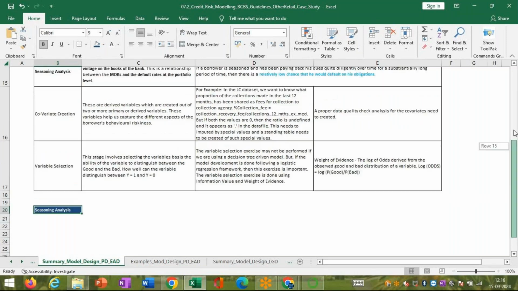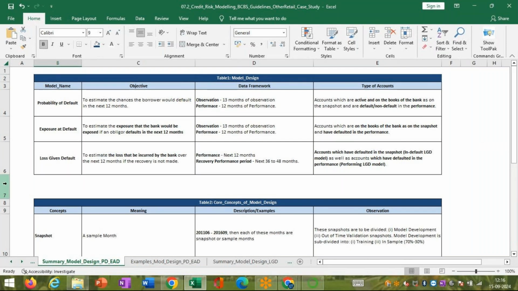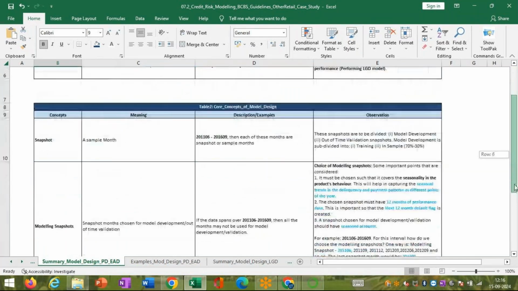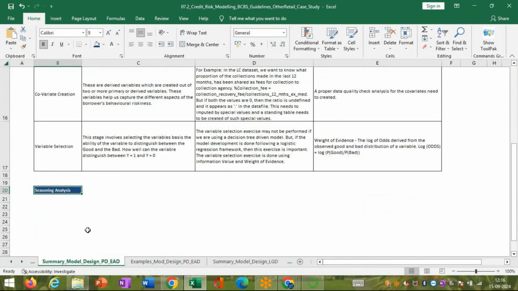What we are going to talk about are the details of seasoning analysis: what the regulatory guidelines are, and all the details corresponding to seasoning analysis.